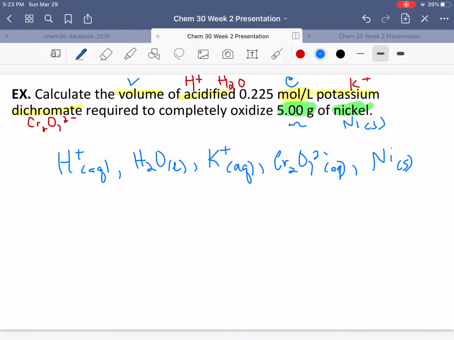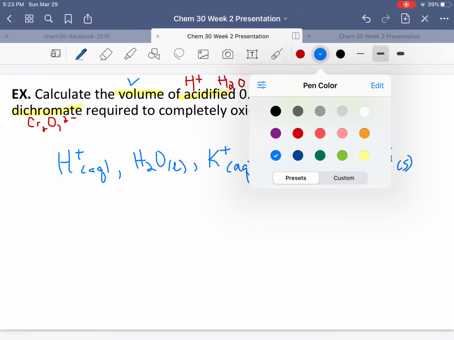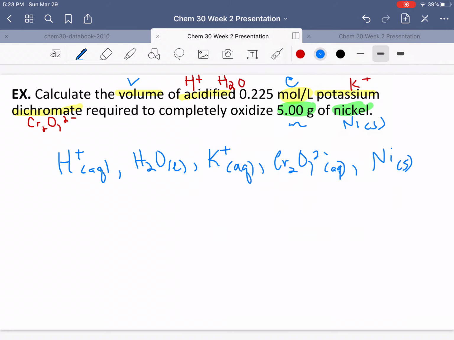Okay, going back. Take those two. Our SOA, of course, is going to be our reduction reaction. So the gain in electrons. In this case, we have Cr2O7 2 negative aqueous, being added to, take right from the chart, guys.